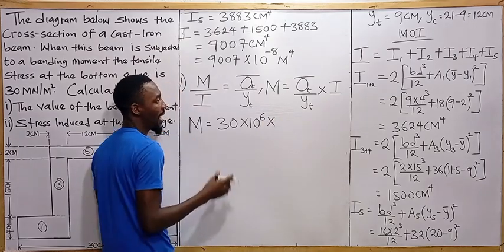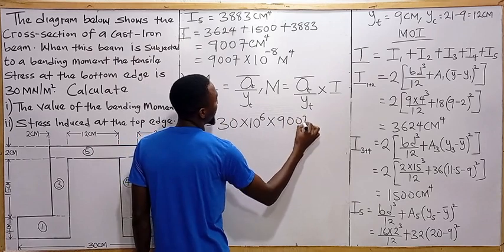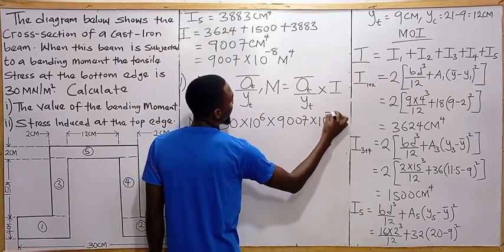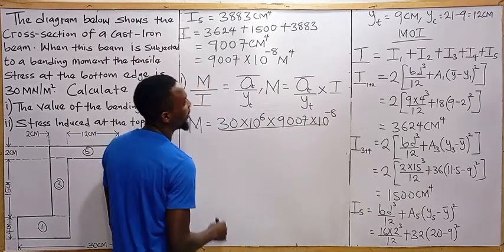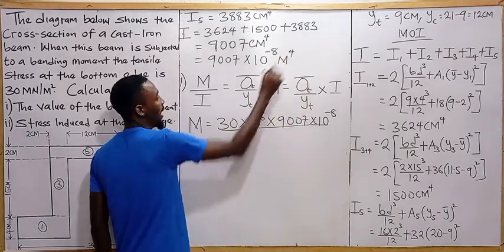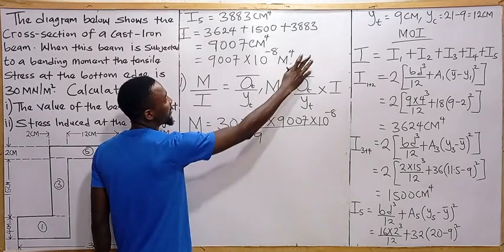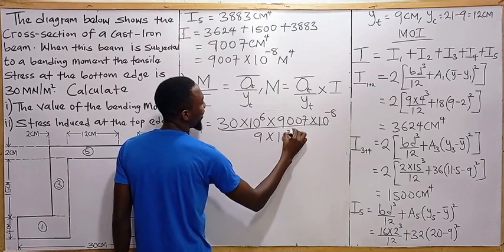Then times our I, our I is 9,007 times 10 to the power of minus 8. Then divided by y tensile, which is 9. But don't forget it is in centimeters, so we divide by 100. So it's going to be 10 to the power of minus 2.